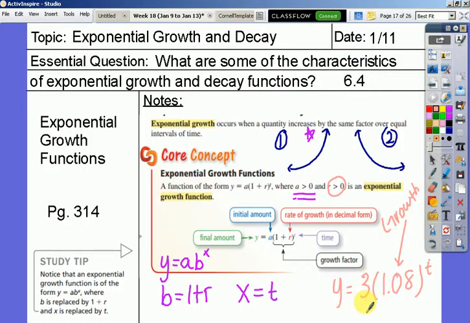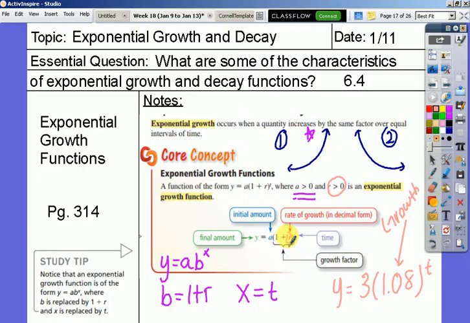The rate of growth in decimal form, so my rate of growth is 0.08, right? It's just the r. My growth factor is 1.08. Time being t, of course. And it'll all make more sense when we see some examples.